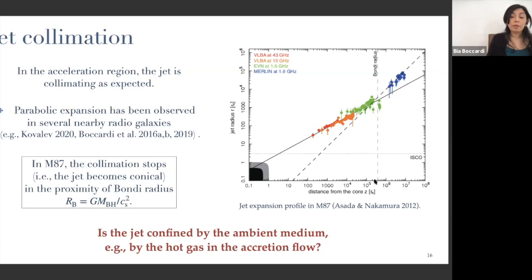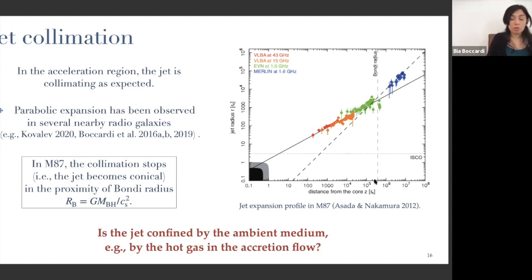So we may expect to observe a discontinuity in the pressure profile of the gas when we go from inside the Bondi radius to outside, and this discontinuity may reflect on the expansion profile of the jet, which then, when exiting this sphere of influence of the black hole, doesn't have any more the confinement from the hot gas and therefore starts expanding freely.